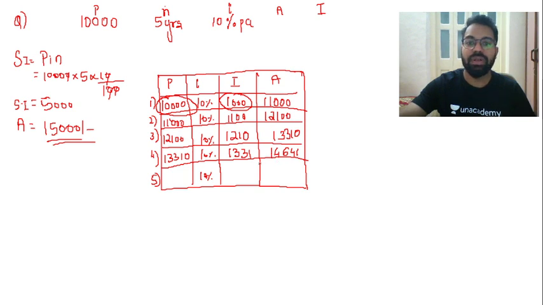This is 14,641 rupees. In the last year, this 14,641 rupees at 10% will give you 1,464.1, or 10 paisa. So this will be the final amount.